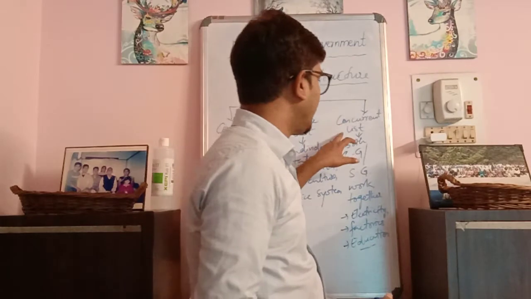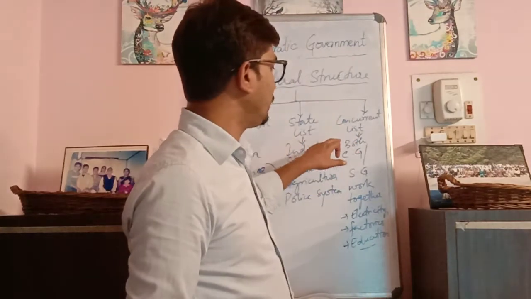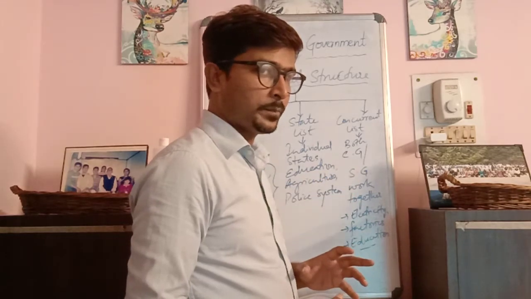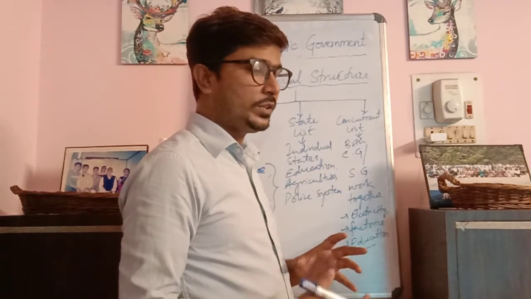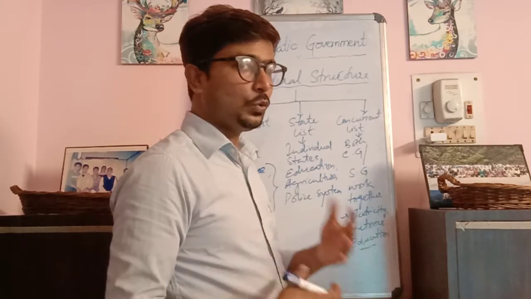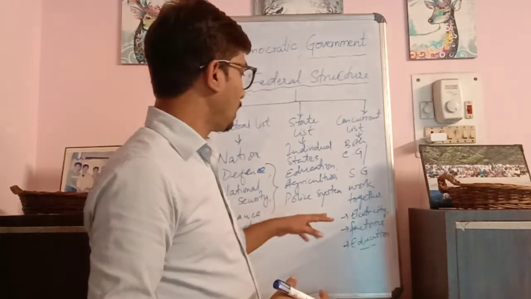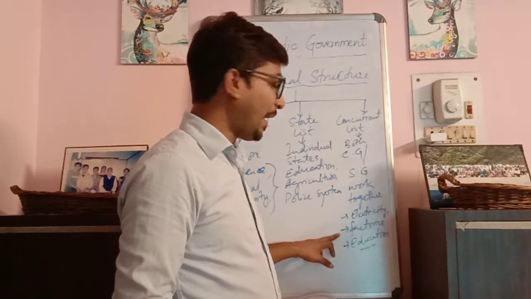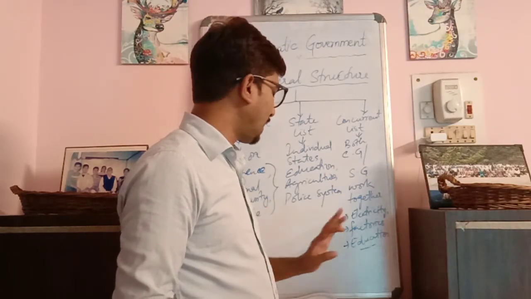The third one is the concurrent list, in which both the central government and the state government work together and try to solve problems which are faced by both of them and try to overcome them, regarding electricity, factories, education, and some other things.